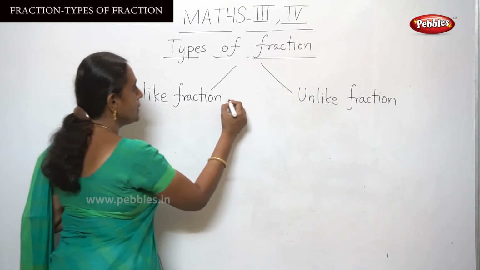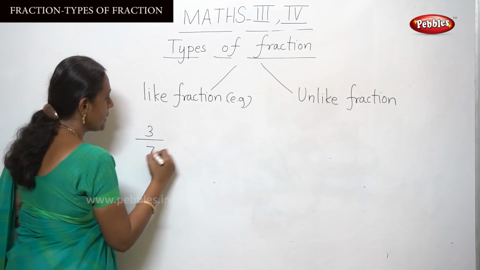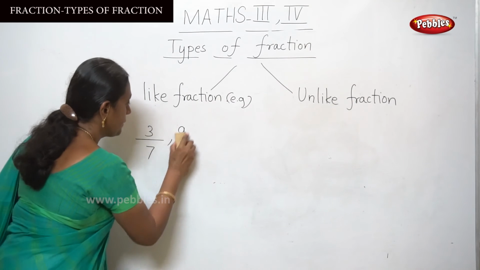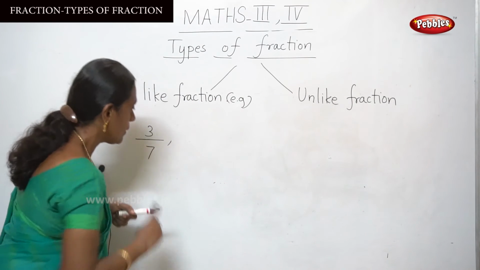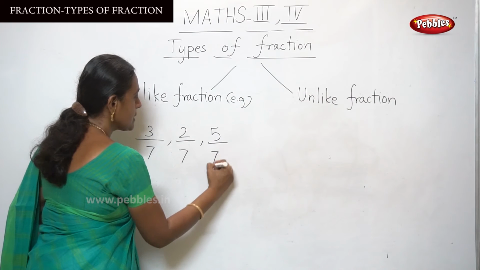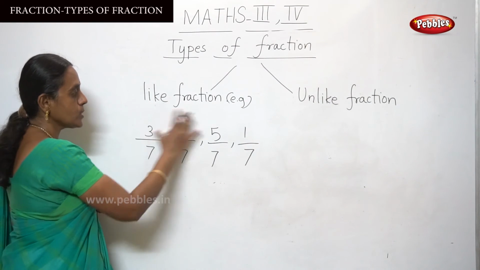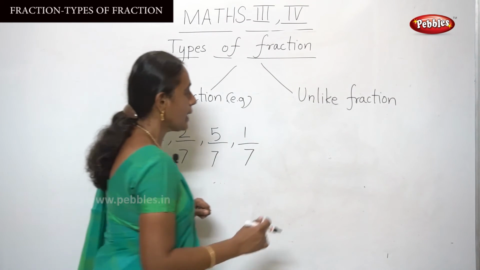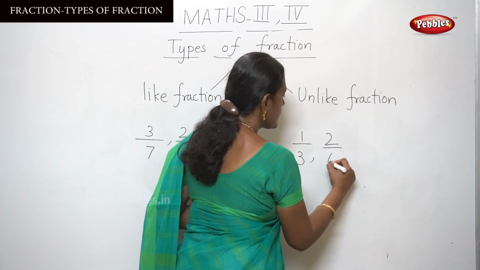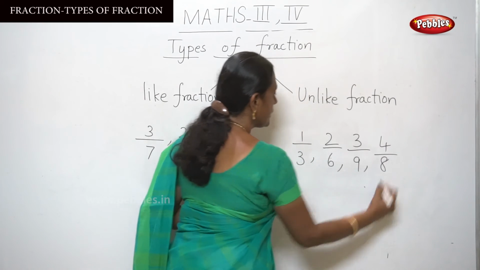With examples, for like fraction: 3 by 7, 2 by 7, 5 by 7, 1 by 7. These are like fractions. And unlike fraction means 1 by 3, 2 by 6, 3 by 9 and 4 by 8.